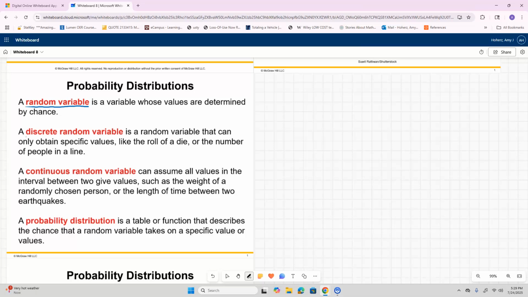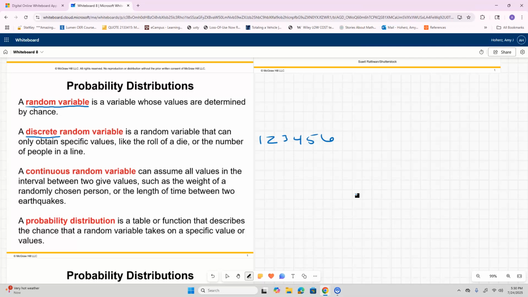A discrete random variable is still a random variable, of course, but it can only obtain specific values. So when you roll a die, you can only get 1, 2, 3, 4, 5, or 6. You can't get numbers between 1 and 2 or between 2 and 3. So you can't say it's any number from 1 to 6.